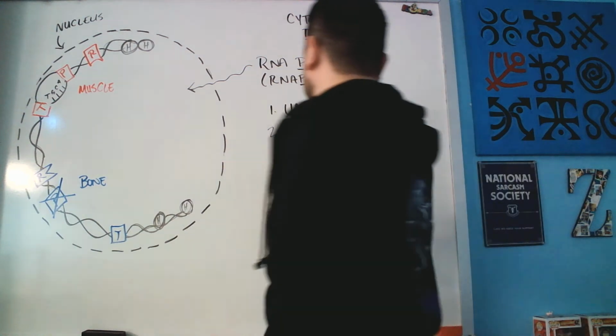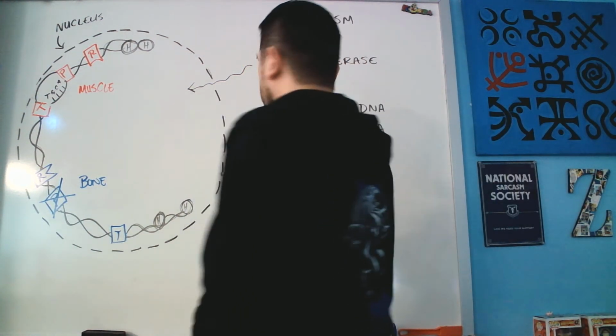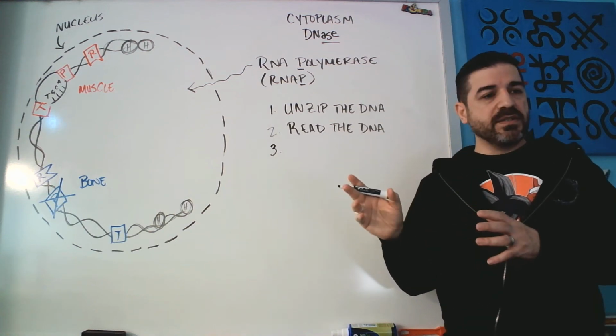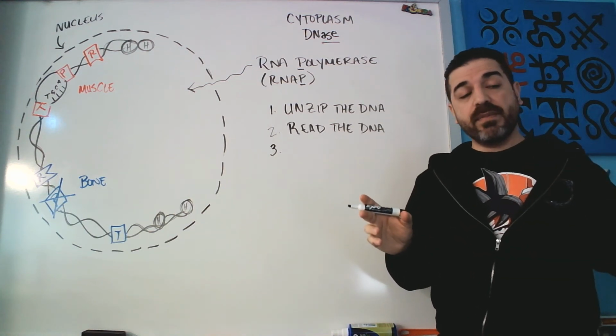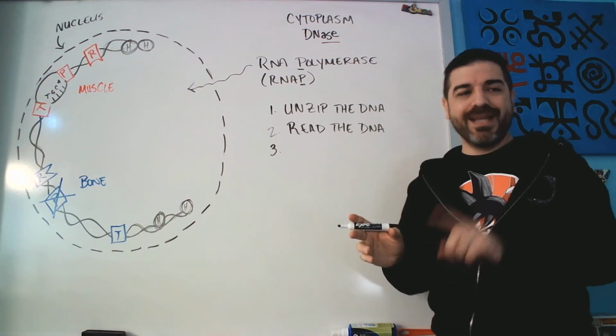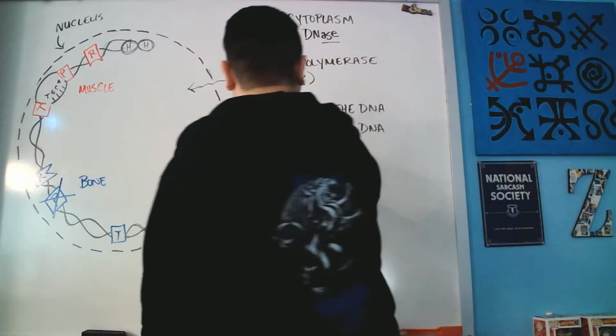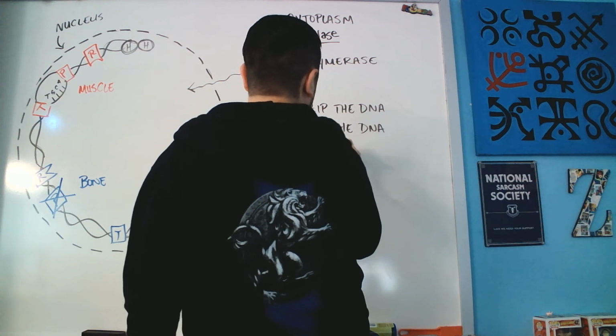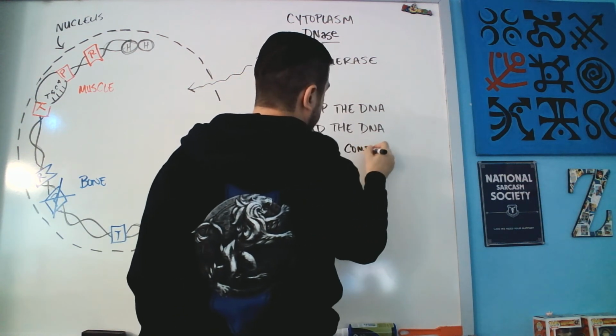So then we're going to actually get to the transcription process. We're actually going to transcribe it. So what RNA polymerase is going to do is going to find the complementary base pairs for RNA, not DNA.